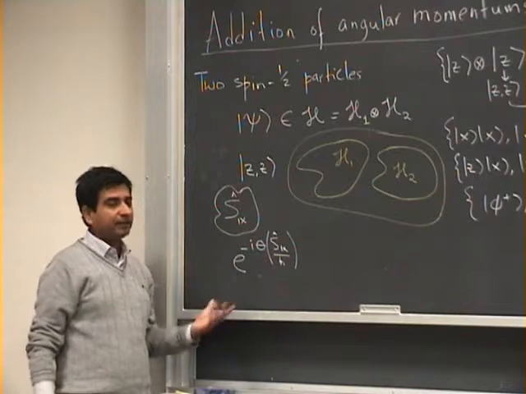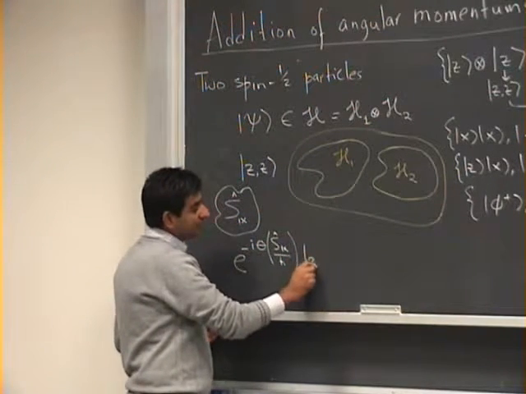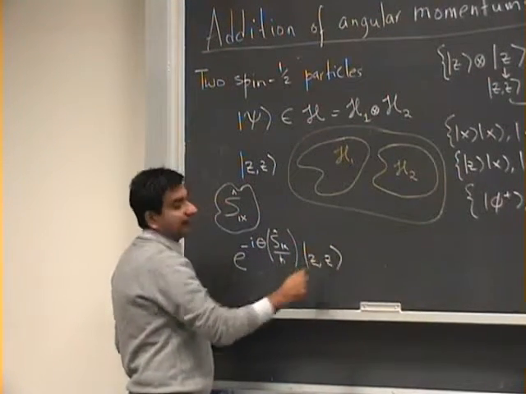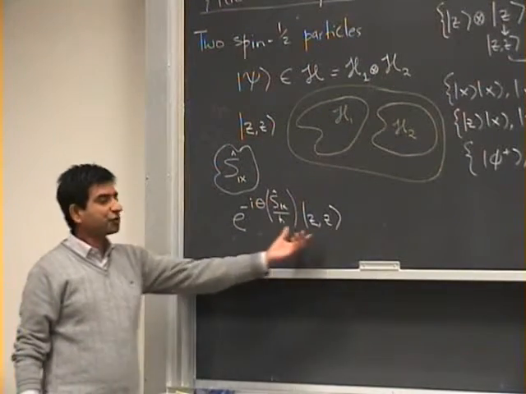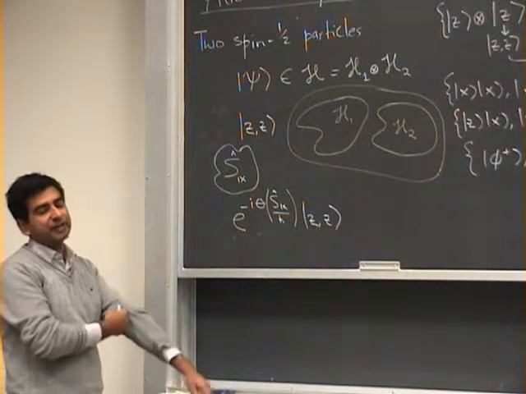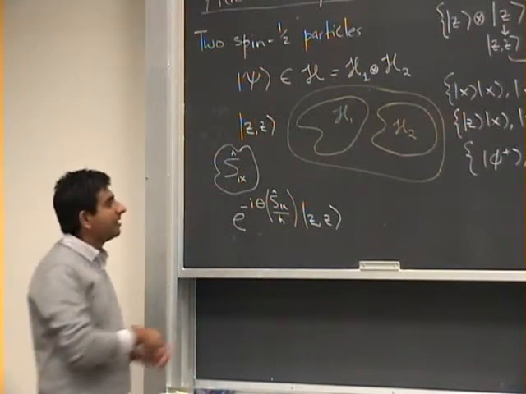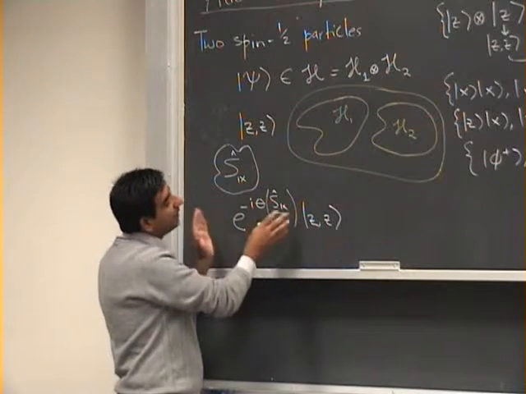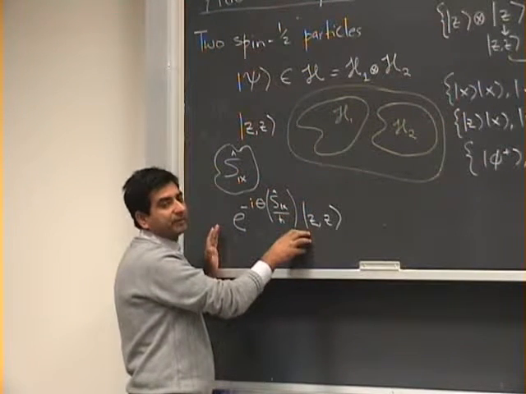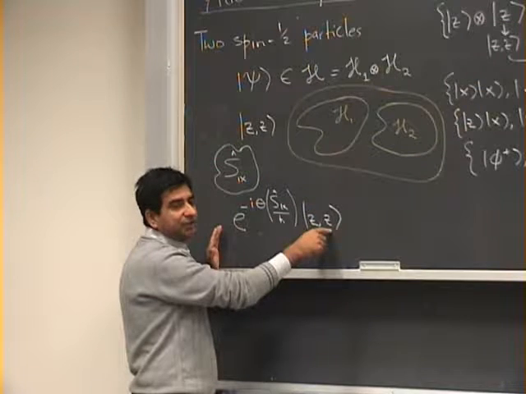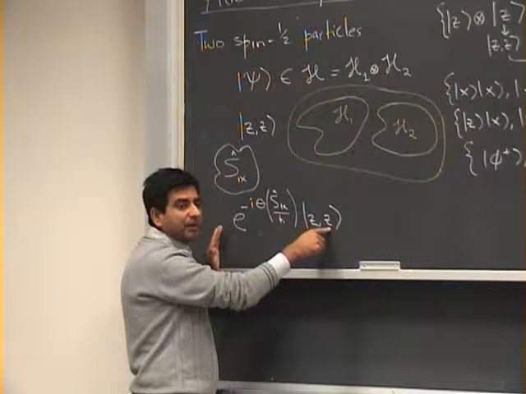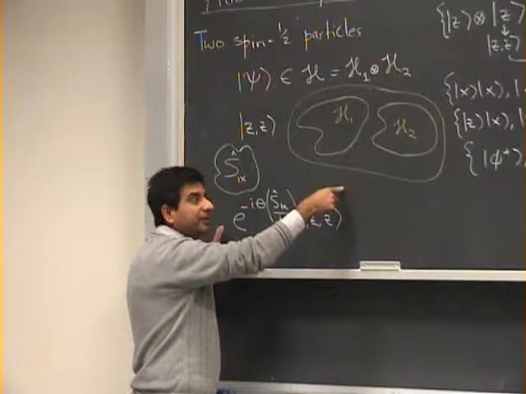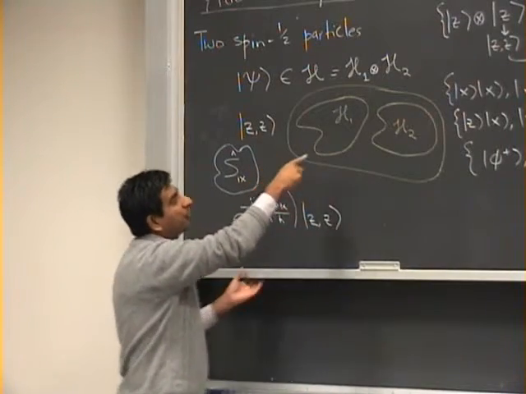Now this operator acts on a quantum state ket |z, z⟩, which is a joint quantum state. It's a state for the bipartite system. But the operator only acts on the first Hilbert space. So it does not touch the quantum state of the second particle which lives in another Hilbert space. This is what the meaning of the direct product really is.